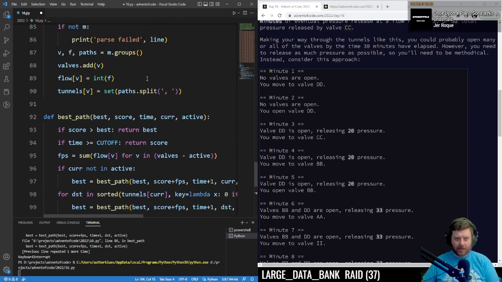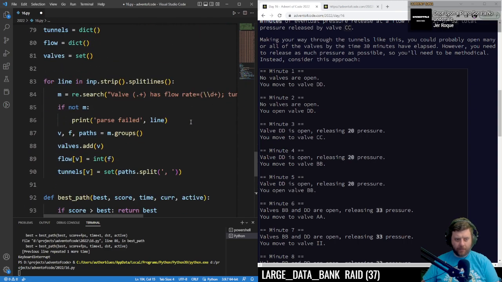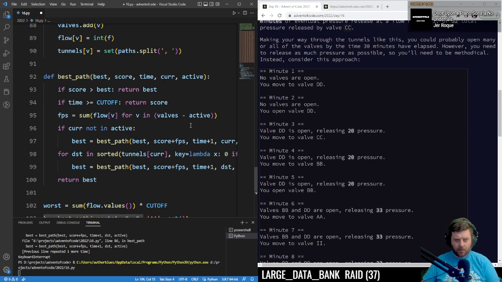What I can do is I can check the active list, and if the active list is all of them, then I can return early.